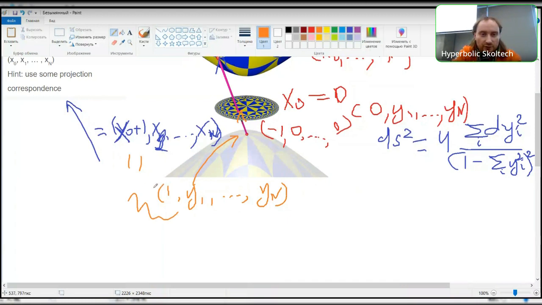So we have this vector as, okay, actually I can't use this hardware. Sorry. So those vectors are proportional to each other, and this means that we have k equal to x0 plus 1.